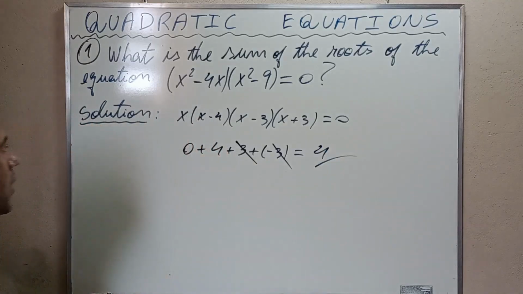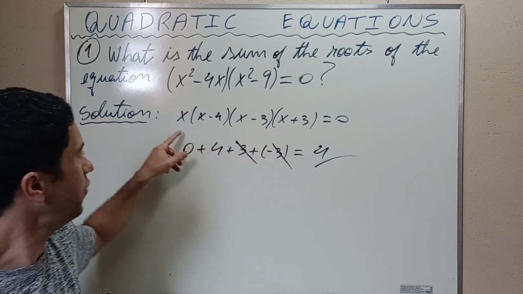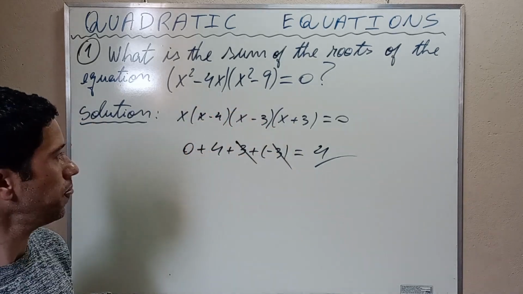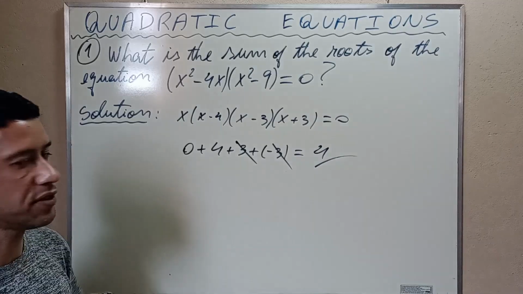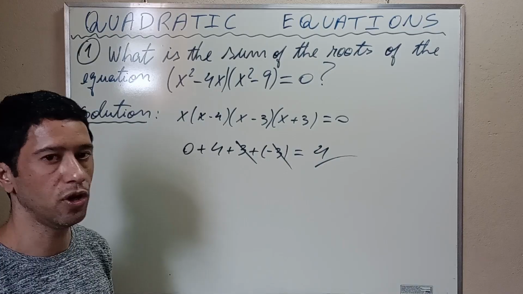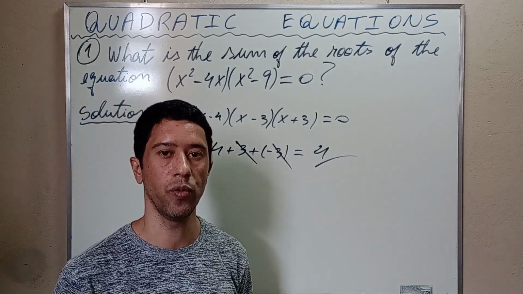Alright, my friends, a very easy exercise. Instead of developing this, we found the roots, working on each term separately, and as the exercise requested, we summed the roots and we found the solution. Alright, my friends, this was exercise number 1.